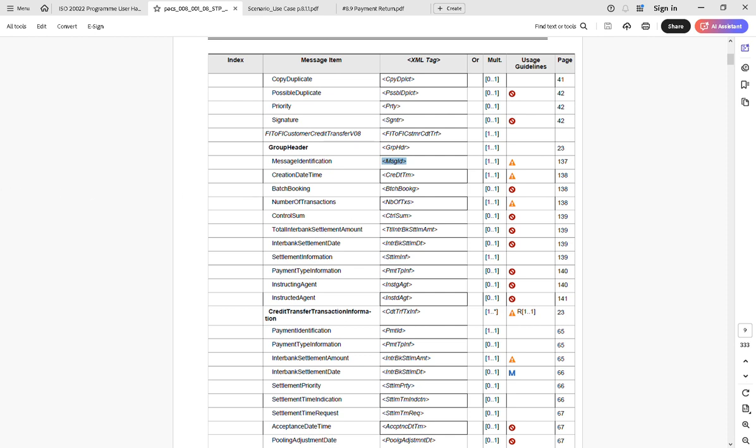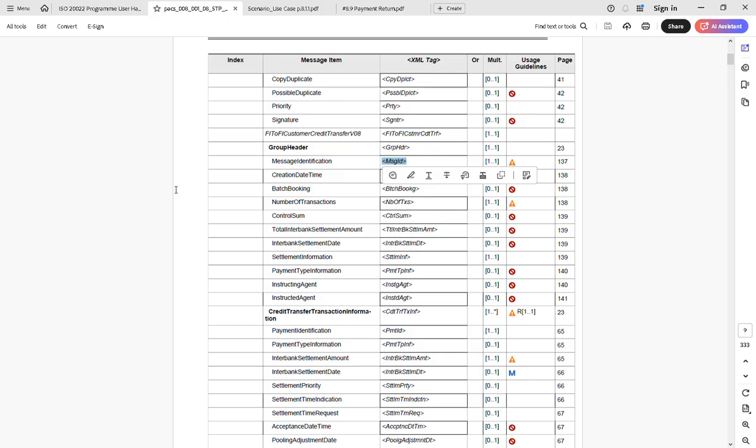It is mapped with the PACS8 message like this, because it is lying in the FI to FI credit transfer information. We have reached only till message ID, so that's why it is message ID here. Then a random value for message ID.